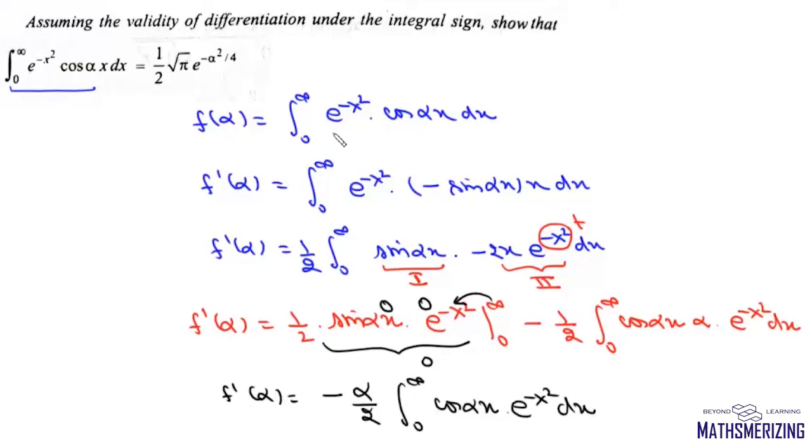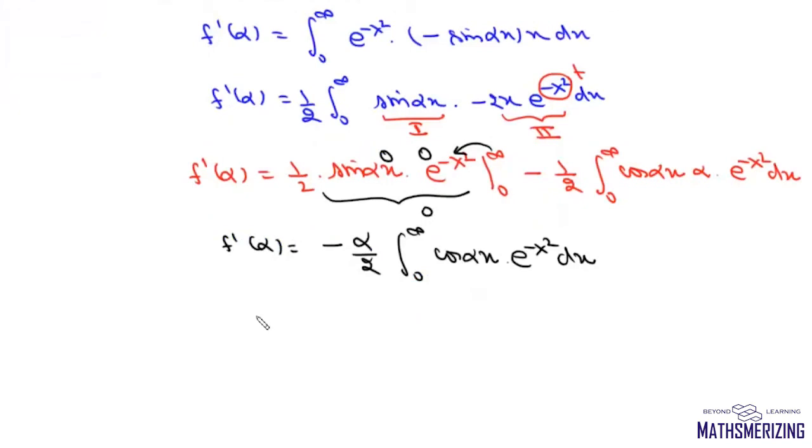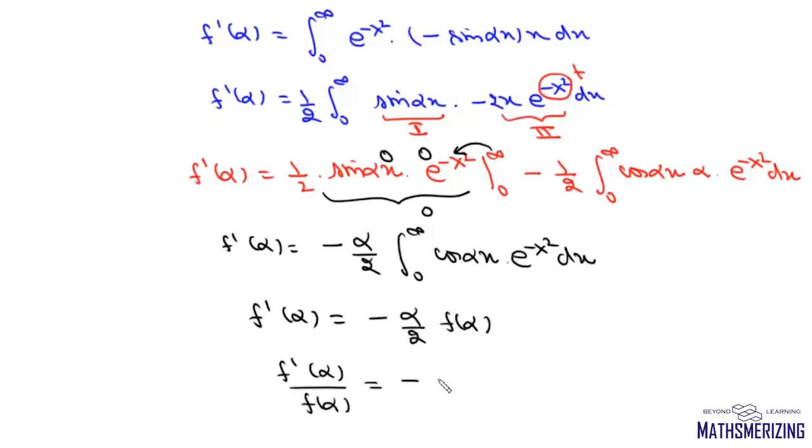Now this e to the power minus x square cos alpha x dx is nothing but f(alpha). So we can write f dash alpha equals minus alpha by 2 into f(alpha). We can rearrange this as f dash alpha upon f(alpha) equals minus alpha by 2.